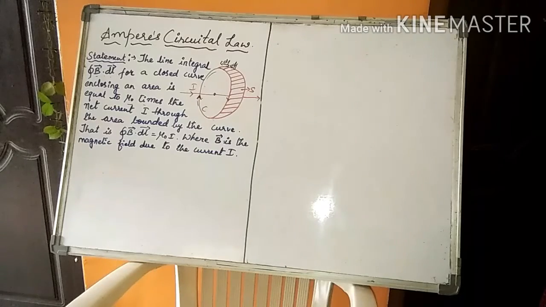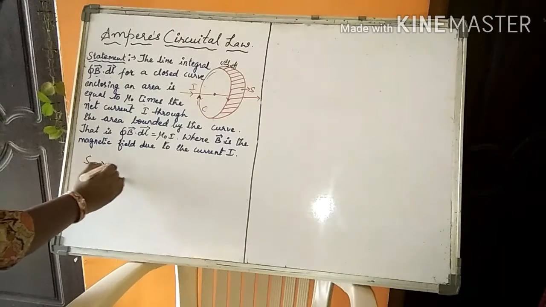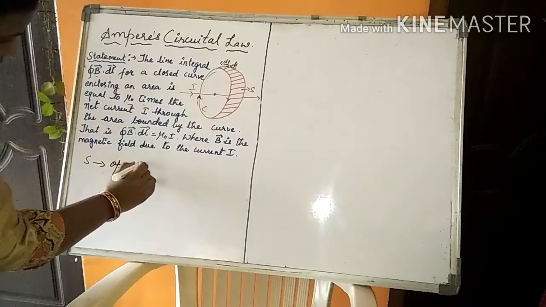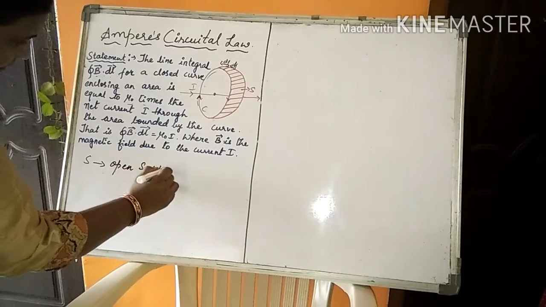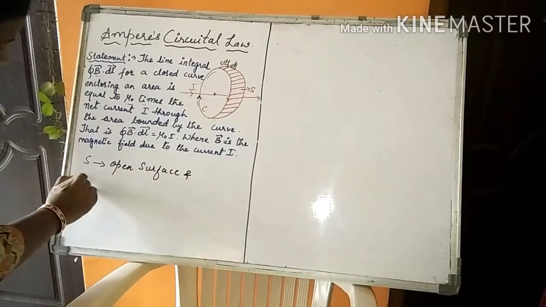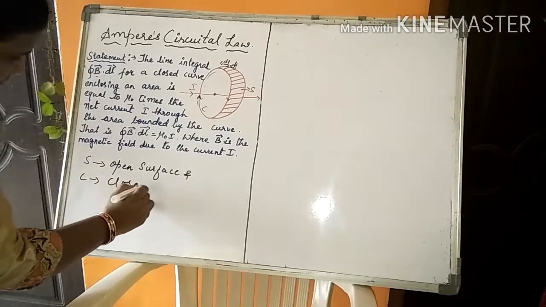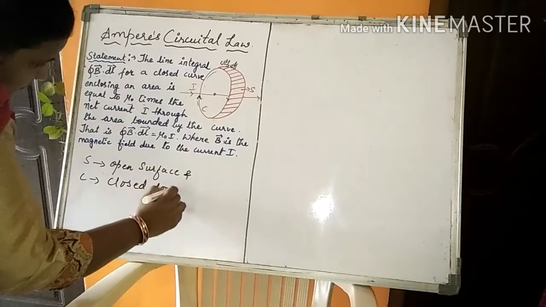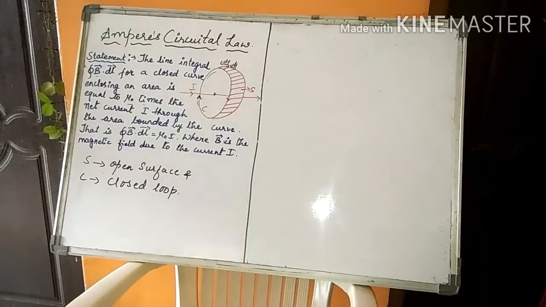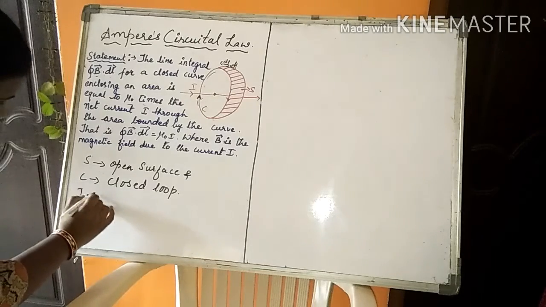Now let us consider S as the open surface and C as the closed loop, and I be the current passing through it.